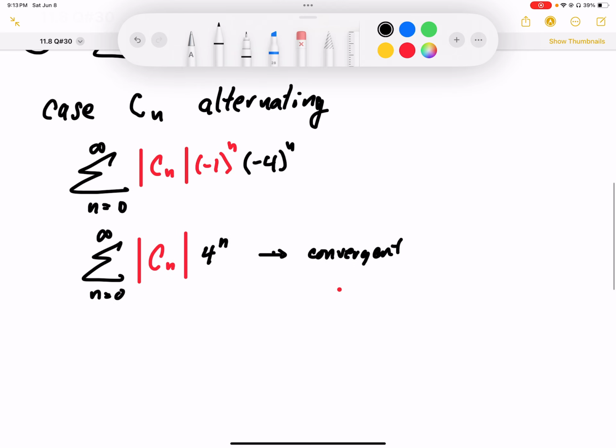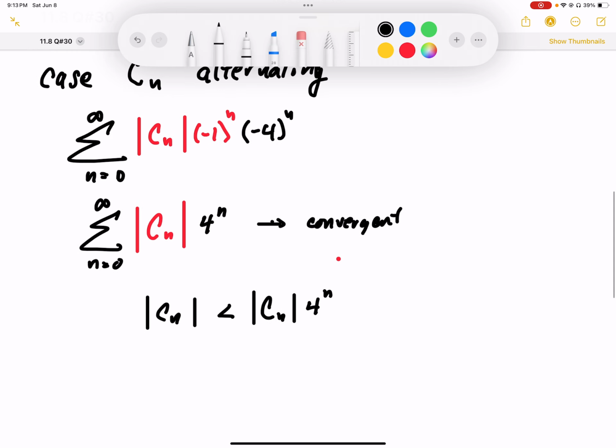Okay, so if that's convergent, we also know that Cn is less than Cn times 4 to the power n. And we know that this is convergent absolutely.